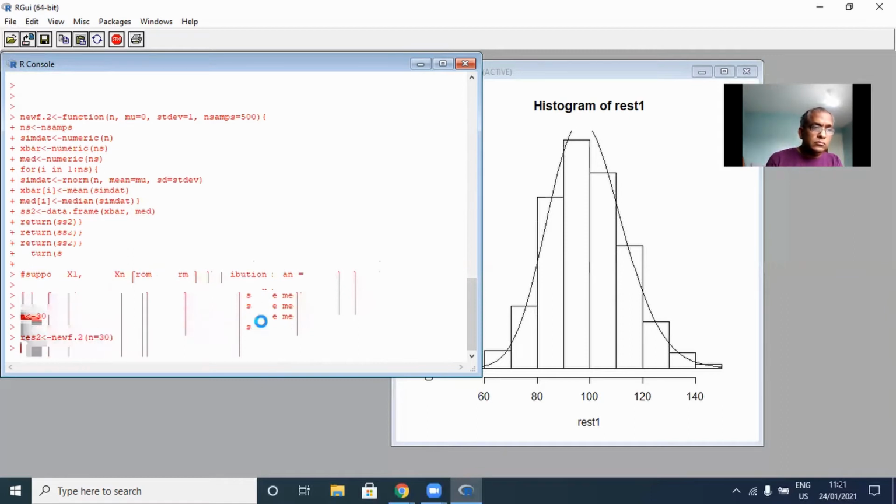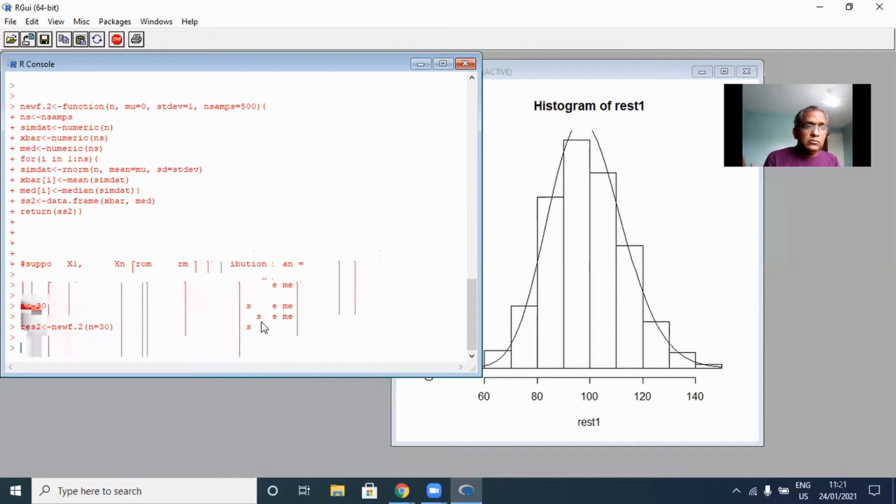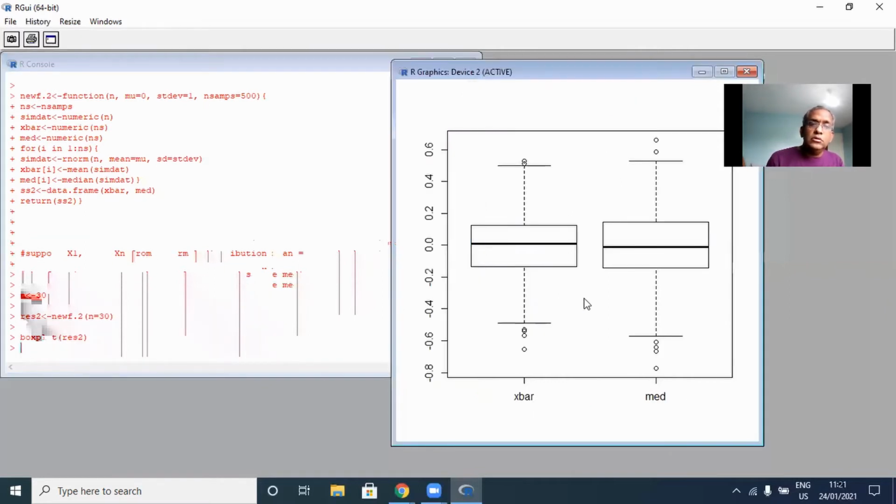Okay, then I'm gonna do a box plot of rest2. So this is what you get. So you see here, this is the box plot for the sample mean, and this is the box plot for sample median.